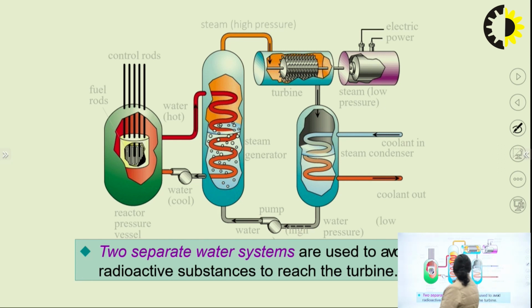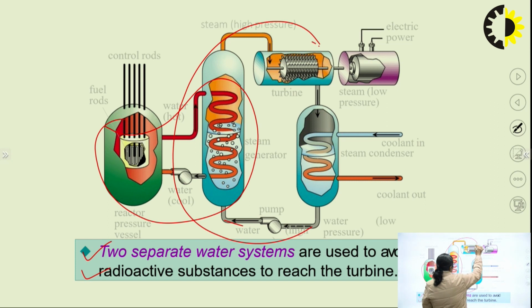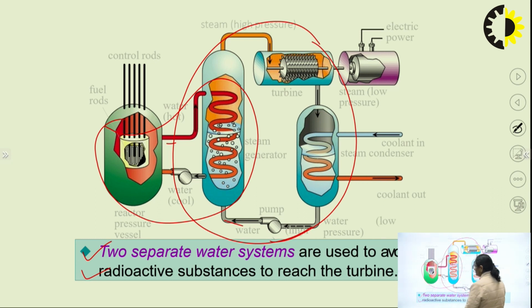Two separate water systems are used to avoid the radioactive substances reaching the turbine. This is one water system and this is another water system. The first water loop is actually for transferring the heat generated here to the steam generator for generation of the steam.